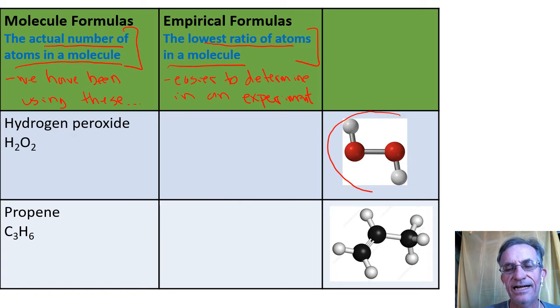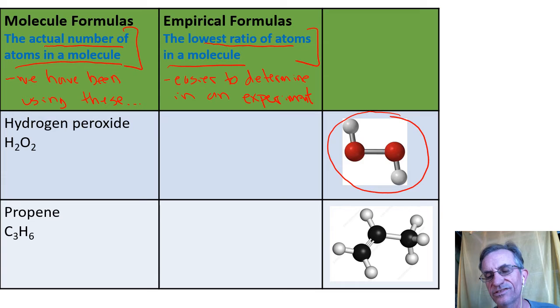This is what a hydrogen peroxide molecule looks like. It's two red guys, like the red guys are your oxygen, and it's hooked up with two white guys. The white guys are your hydrogen. So we always use those colors for these atoms. So two reds, two oxygens with two whites, two hydrogens. So I got a little model of it in my hand, or you can look at it on the screen.